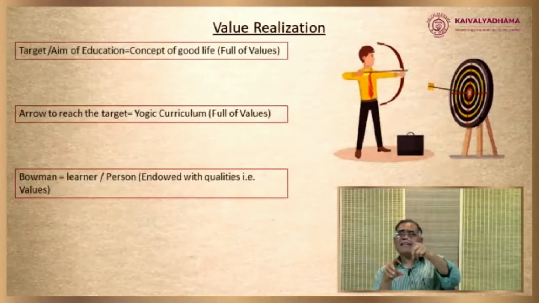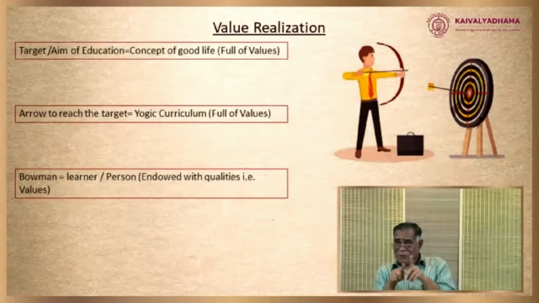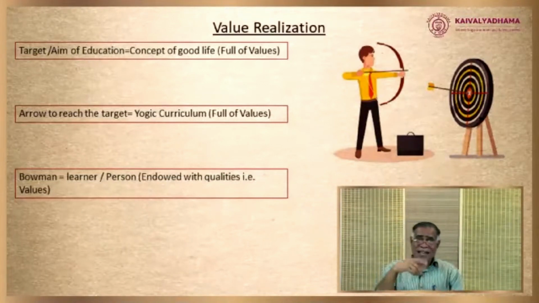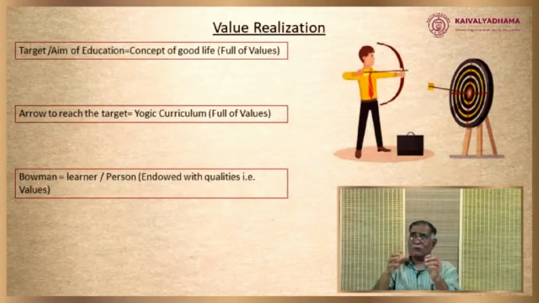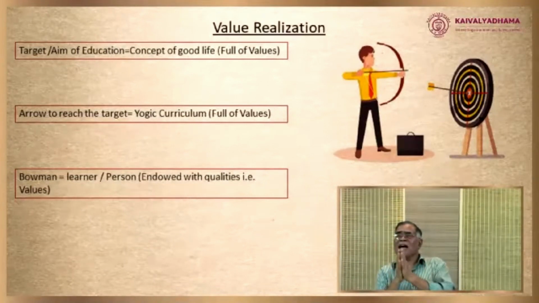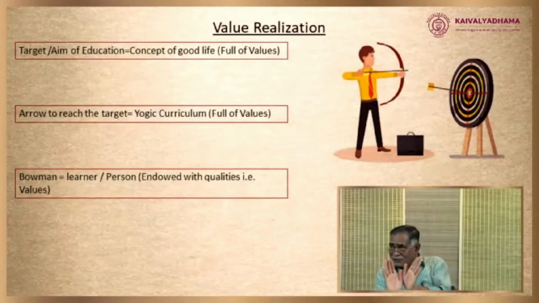The man is the sadhaka who wants to realize. And this bowman is a sadhaka and wants to realize the target. And what is the target? The objectives of value education, which we will be discussing in detail. 1, 2, 3, 4. To realize those objectives is the target, and we are going to realize this through education.